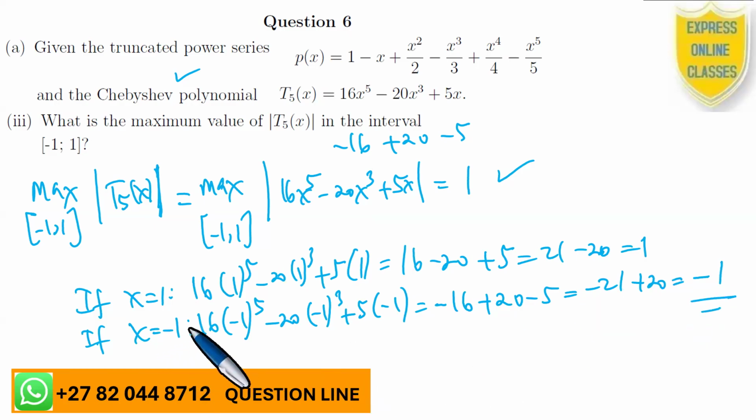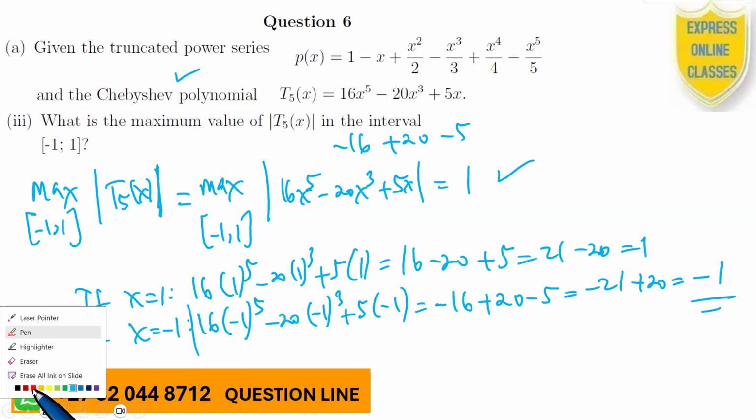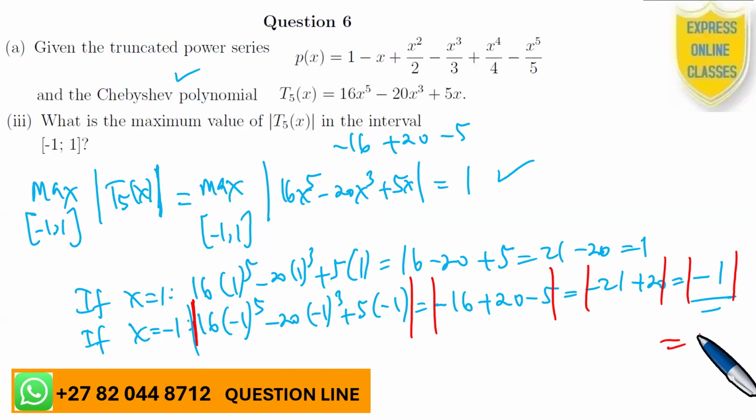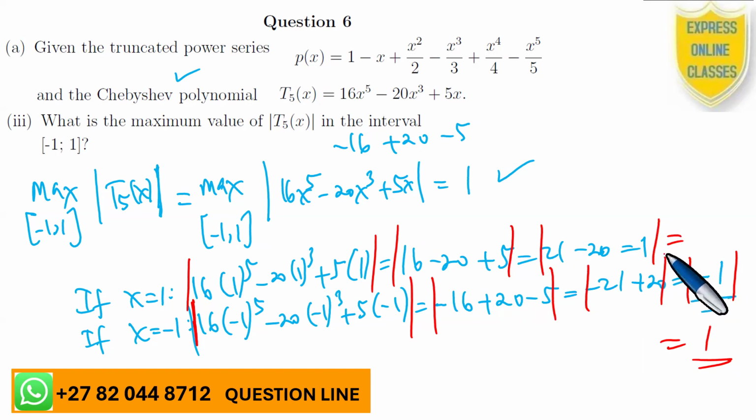But if you take the modulus of this, then you do this and then you take the modulus. The modulus of minus 1 becomes a 1. So also here you take the modulus. And therefore the result becomes what? The result becomes 1.